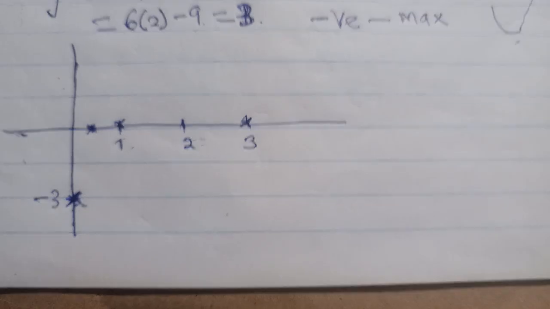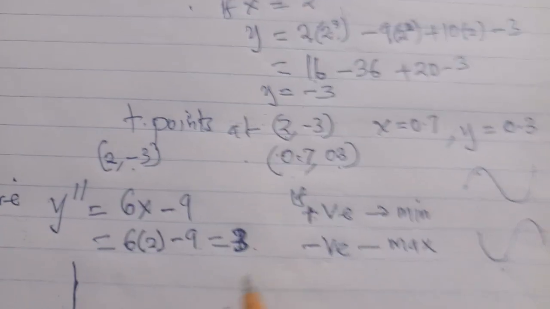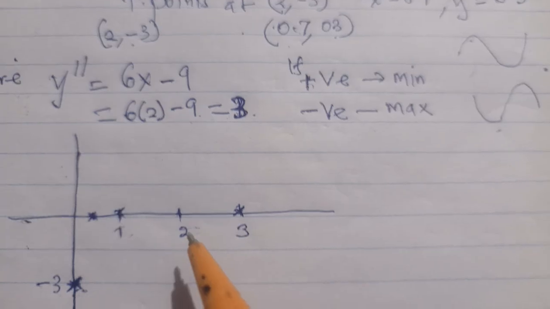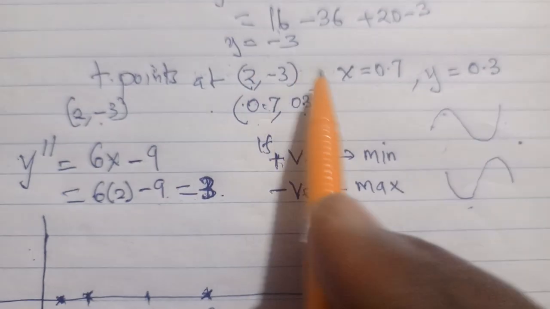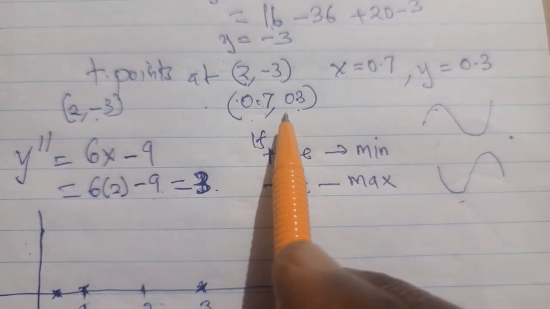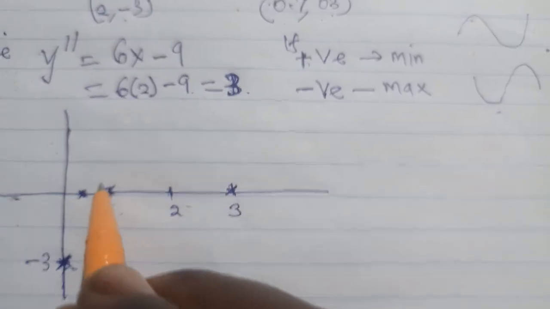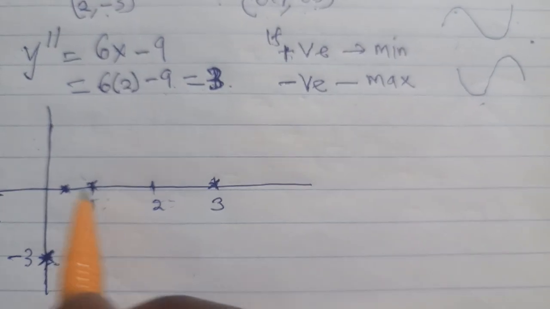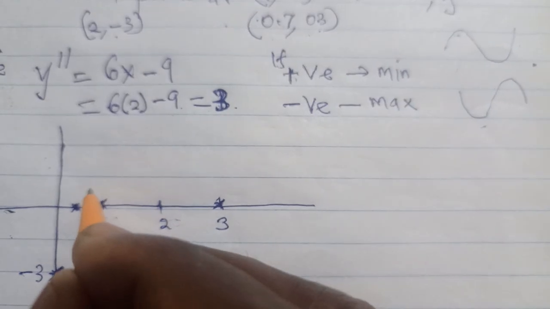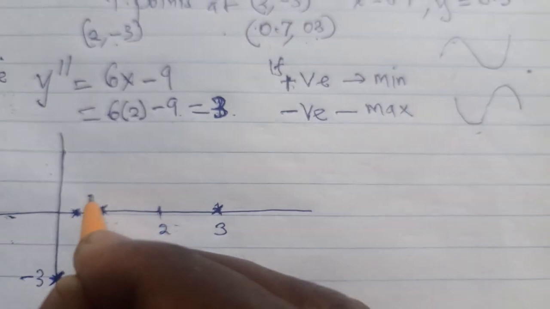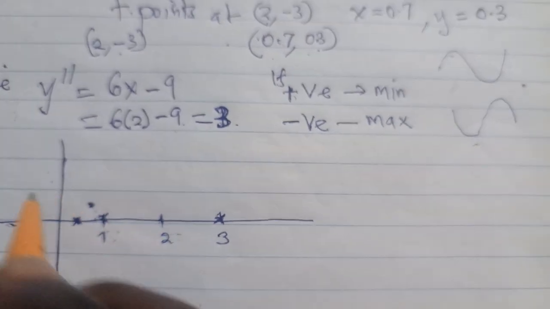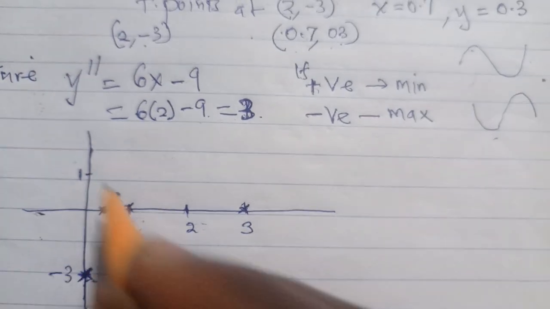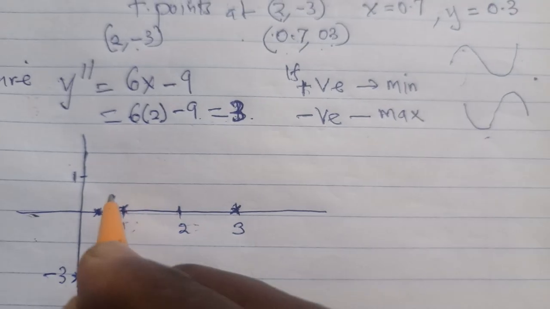Now the other thing we need are the turning points, and we've seen the turning points are at (0.7, 0.3). So 0.7 will be somewhere before 1, and 0.3 will be slightly above, assuming this is where our 1 is. So 0.3 will be somewhere here.